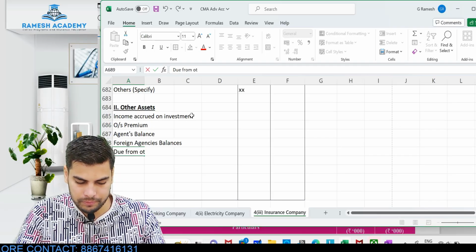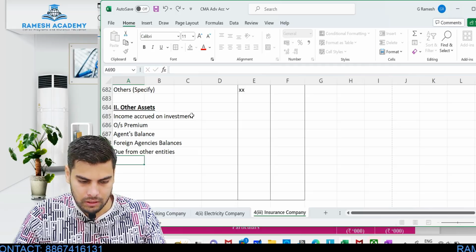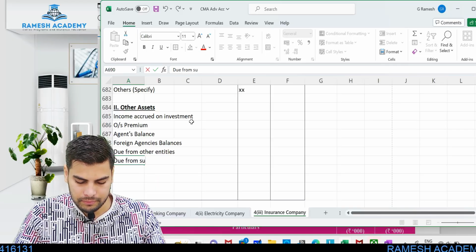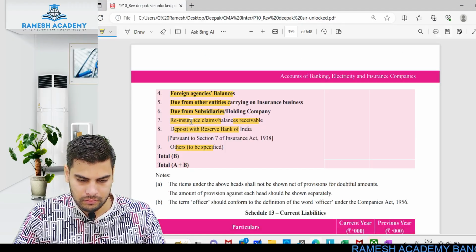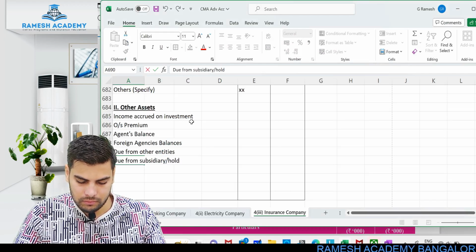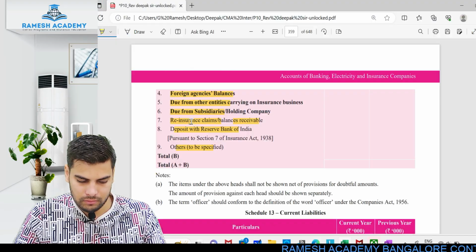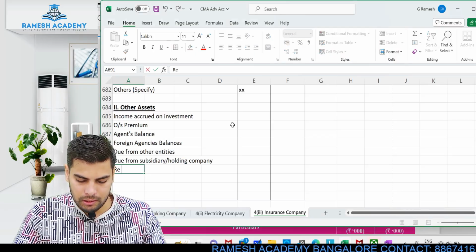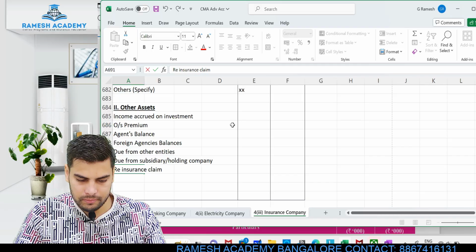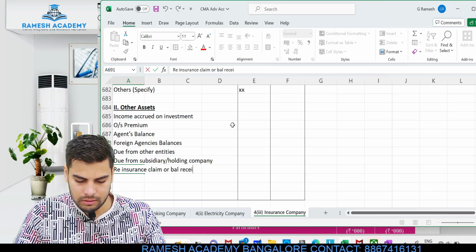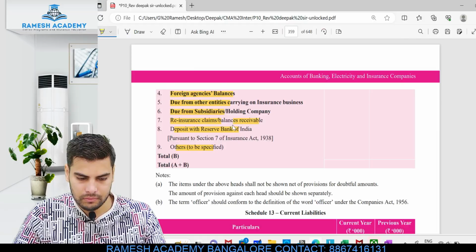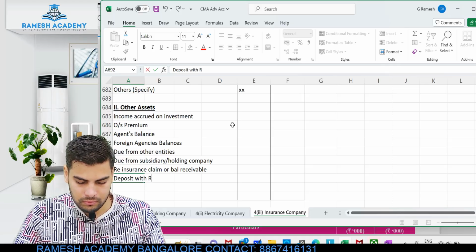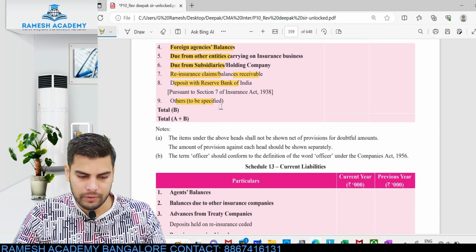So due from other entities, due from subsidiaries, then we have got reinsurance claims or balance receivable, any deposit with RBI, any deposit we are maintaining with Reserve Bank of India.